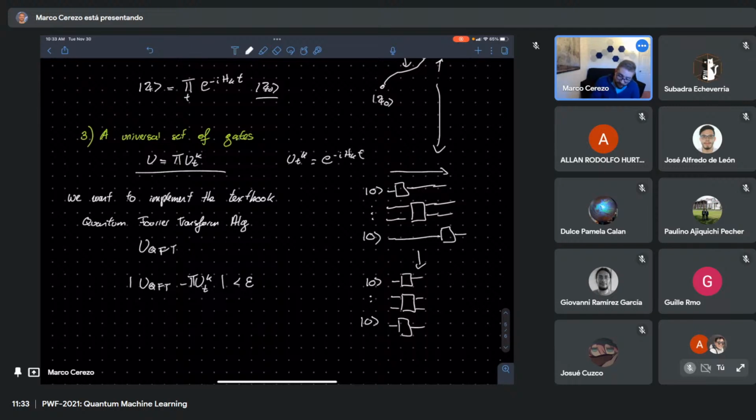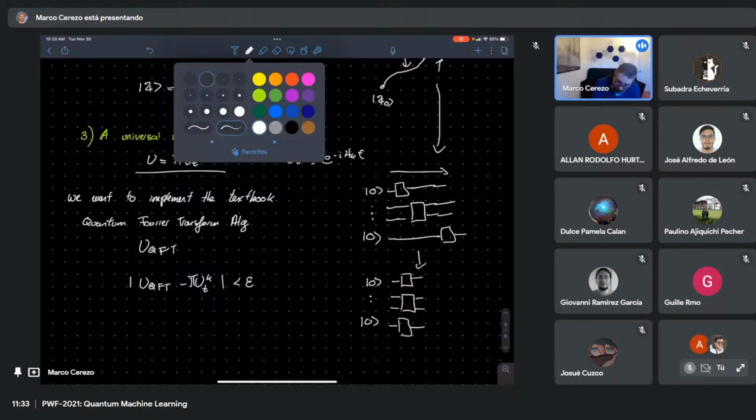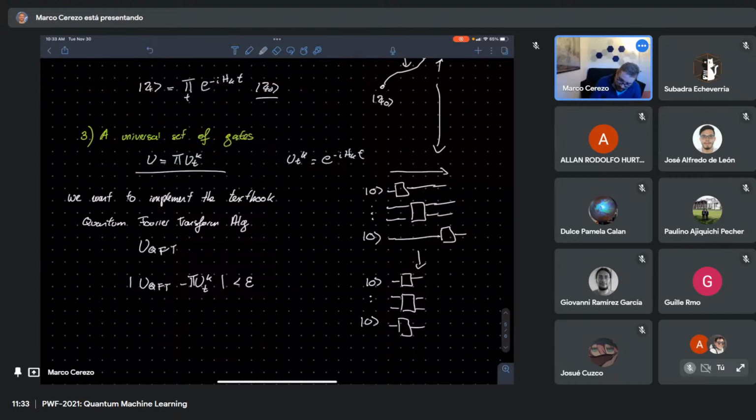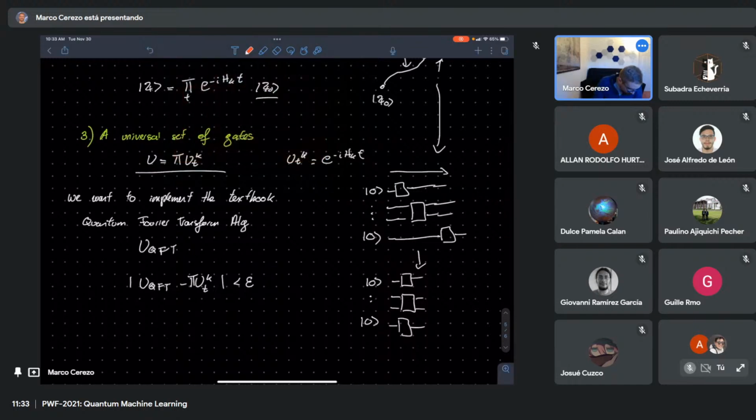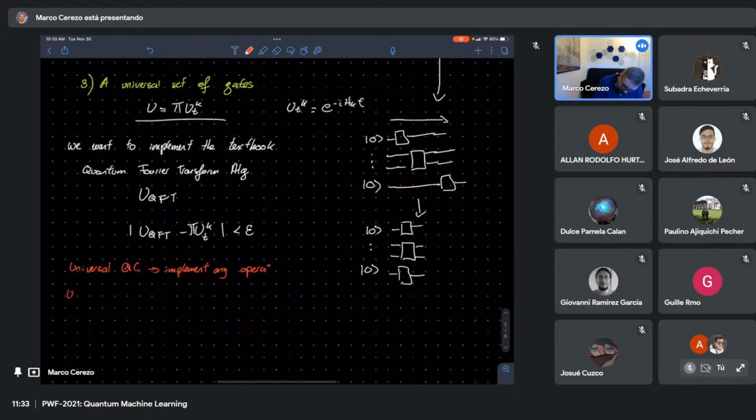So essentially, when we talk about universal quantum computing, what we know is that universal quantum computing means that we can implement any operation. And universal quantum computing can be achieved with a universal set of quantum gates.